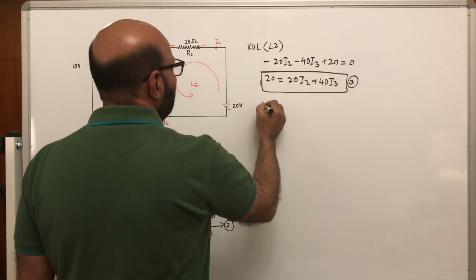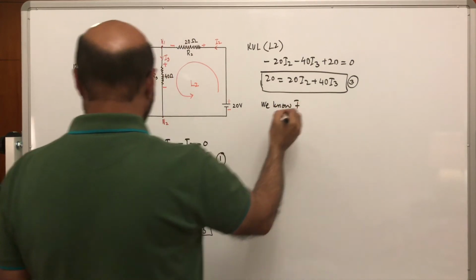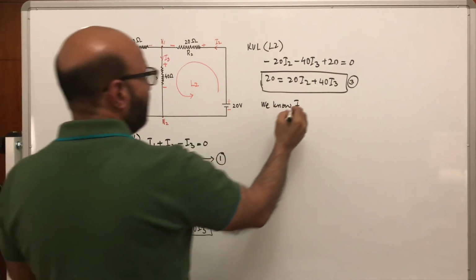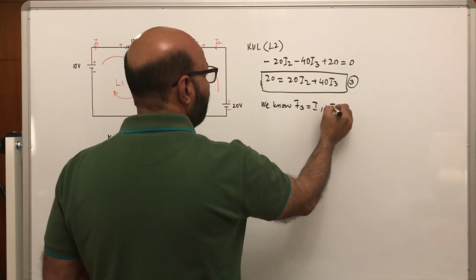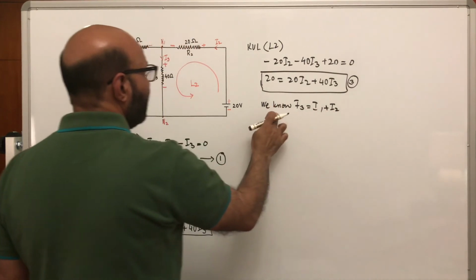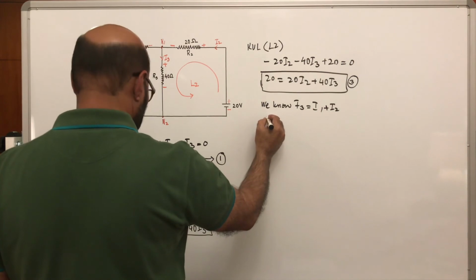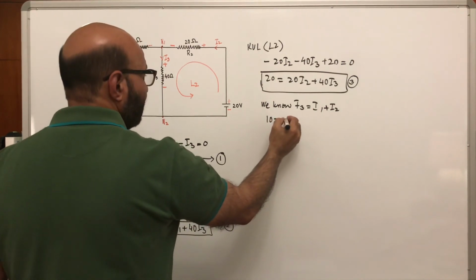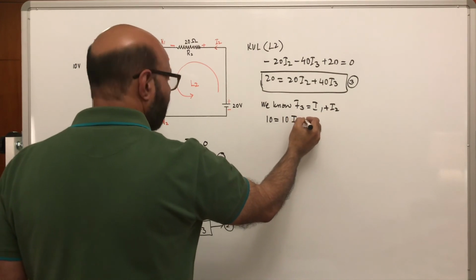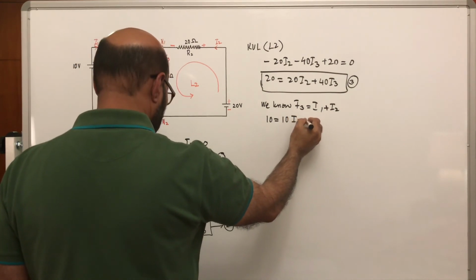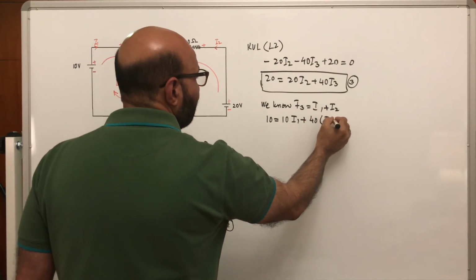We know I3 is equal to I1 plus I2. We'll replace this value in equation 2. 10 is equal to 10I1 plus 40 (I1 plus I2).